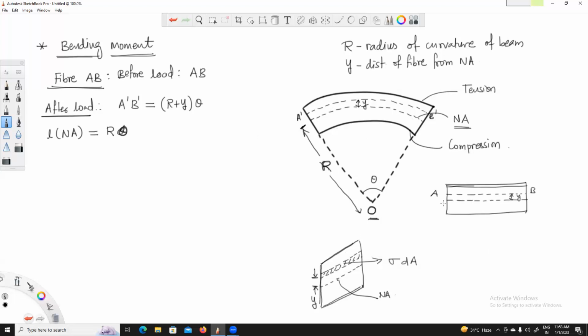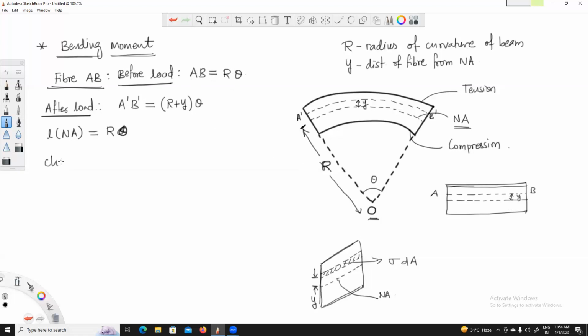Before loading is applied on the beam, all fibers have the same length. The neutral axis has not changed its length, so the original length of this AB fiber would be R times theta. So change in length.